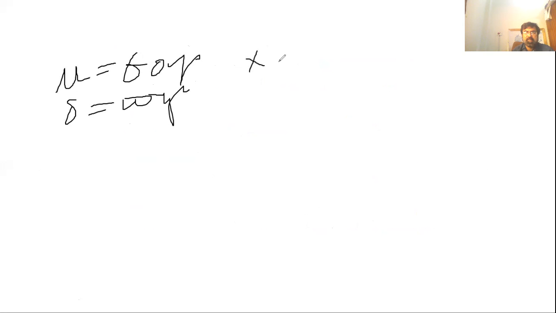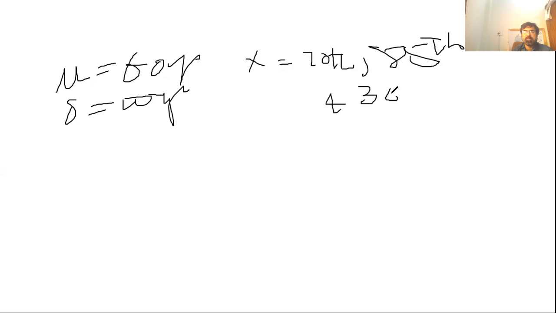Mean is 60 years, standard deviation 10 years. And what you have to do, you have to find x for 70th percentile, for 85th percentile, and for 30th percentile.